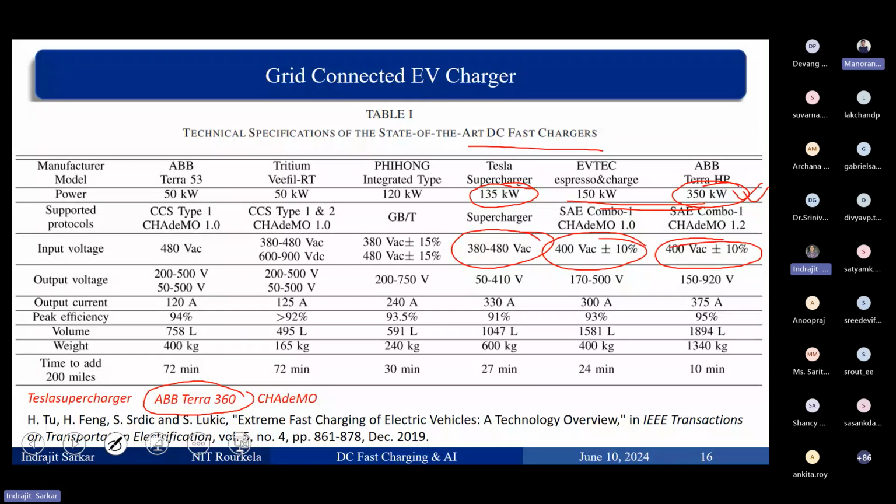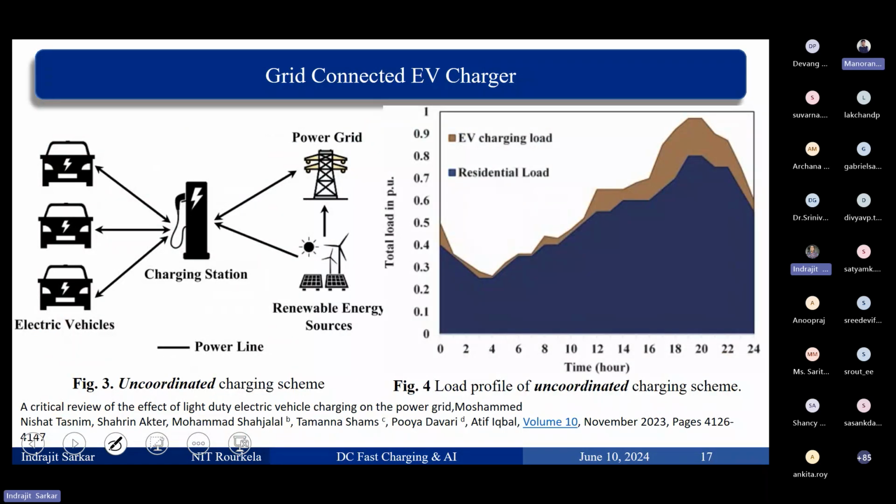Here also, the grid will not be happy if you surprise it with this amount of power suddenly. If the grid knows that we have to supply this amount of power at this time, it's fine. They will take care of it. Now, this uncoordinated charging scheme, what is it?